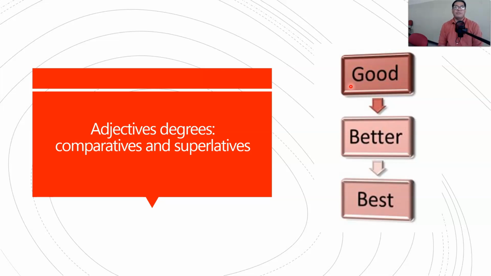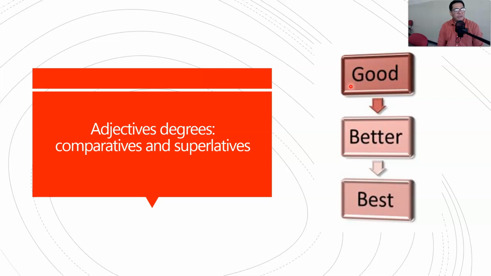The superlative degree is used when I want to show, for example, I have a group of 5 people who exhibit the same quality, but I want to pinpoint which of these people exhibits this quality to the highest degree. In that case, I use the superlative degree.